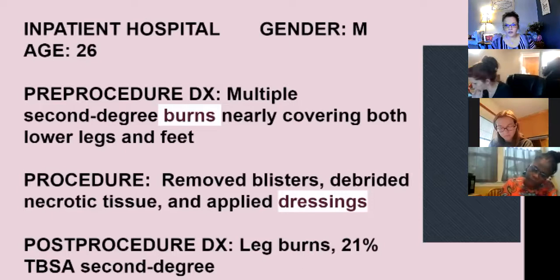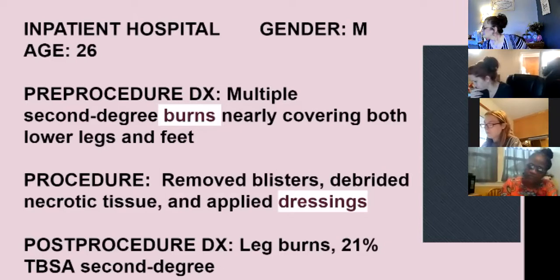The reason I wanted to go to the guidelines first is because when I read this scenario, it never dawned on me that the removal of blisters, the debridement of necrotic tissue, and applying dressing is all the initial treatment. Now, if you were going to look this up in the back, have you guys found your code already underneath there? I think so. Okay, now I want to point out that this is 21%.